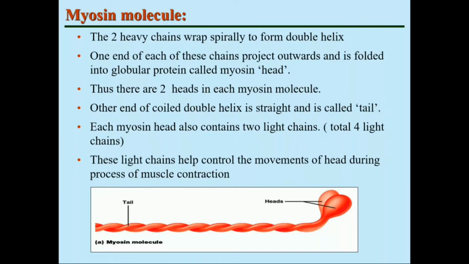These light chains help control the movements of the head during the process of muscle contraction. I'll repeat, these light chains are present in the globular head portion of the myosin molecule. Each head contains 2 light chains, so totally there will be 4 light chains during the process of muscle contraction.